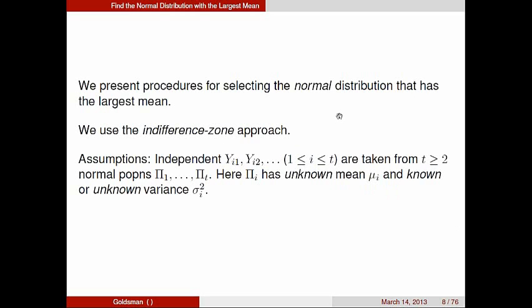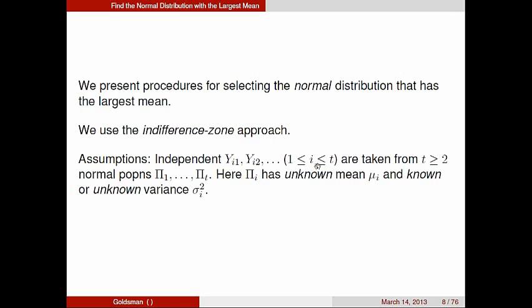So my assumptions here are that I've got independent observations taken from normal populations. And you can see here that these Yij, these are just independent observations taken from the i-th contenders. So I've got maybe 5 contenders, and Y51 is the first observation taken from contender number 5.